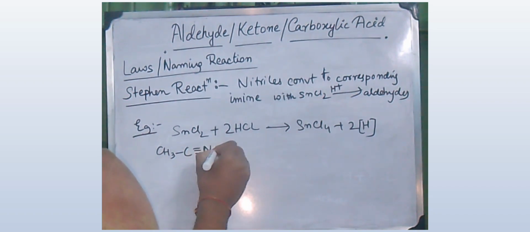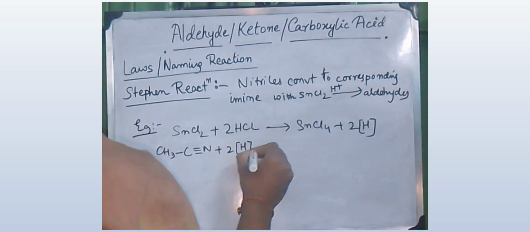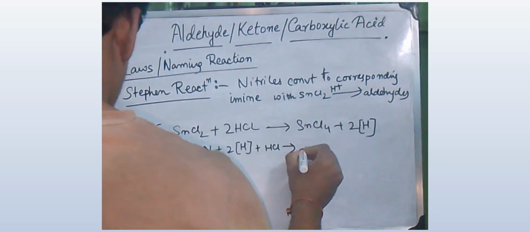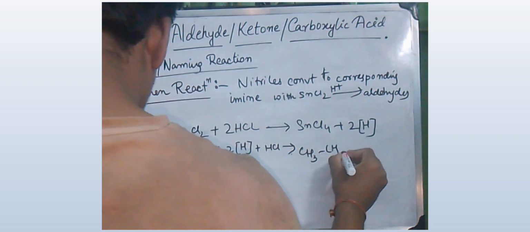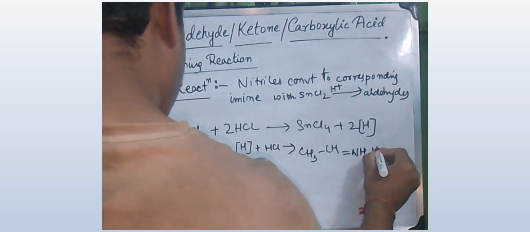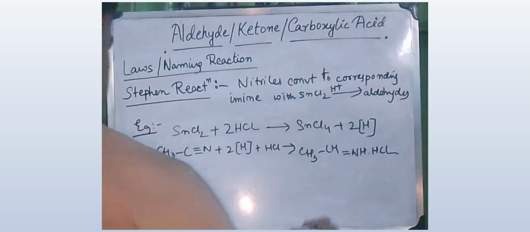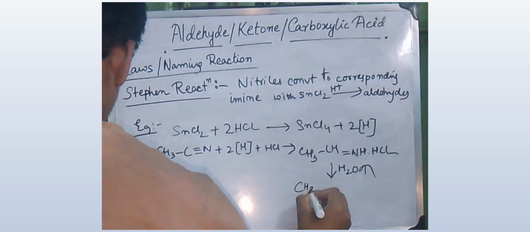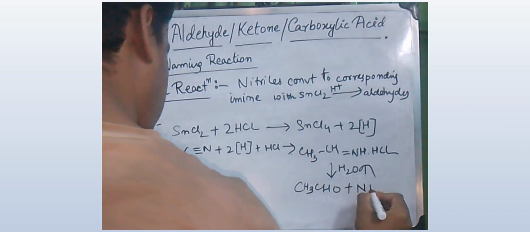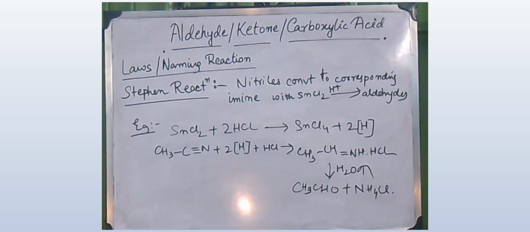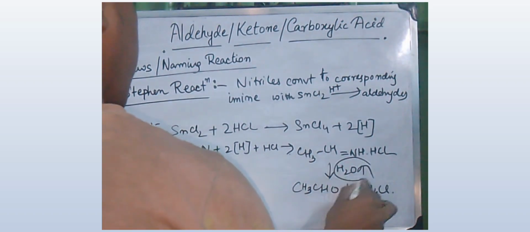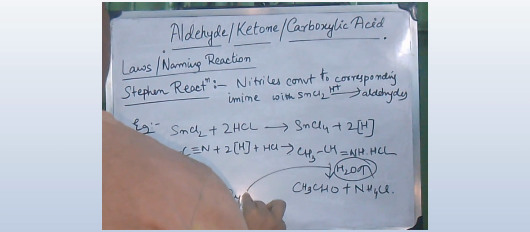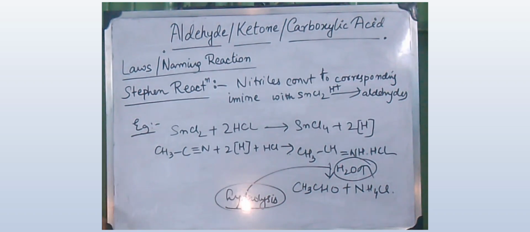Another example we can take: CH3C triple bond N plus 2 nascent hydrogen plus HCl gives CH3CH double bond NH.HCl, which is known as acetaldimine hydrochloride, which upon steam hydrolysis gives CH3CHO, which is known as acetaldehyde, plus ammonium chloride NH4Cl. The H2O taken in between is for hydrolysis.